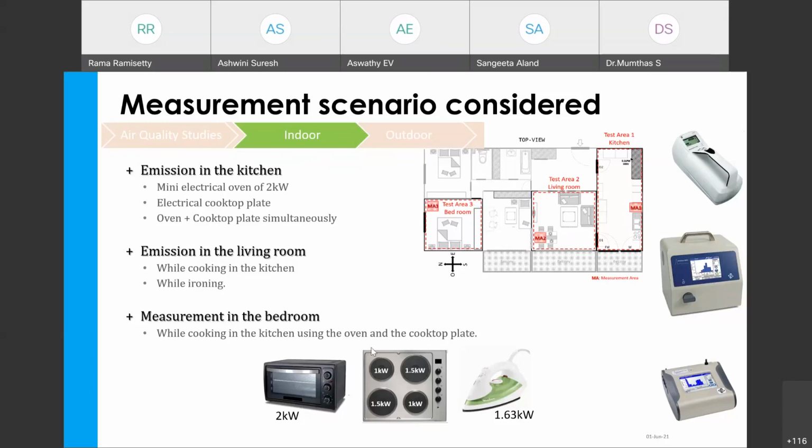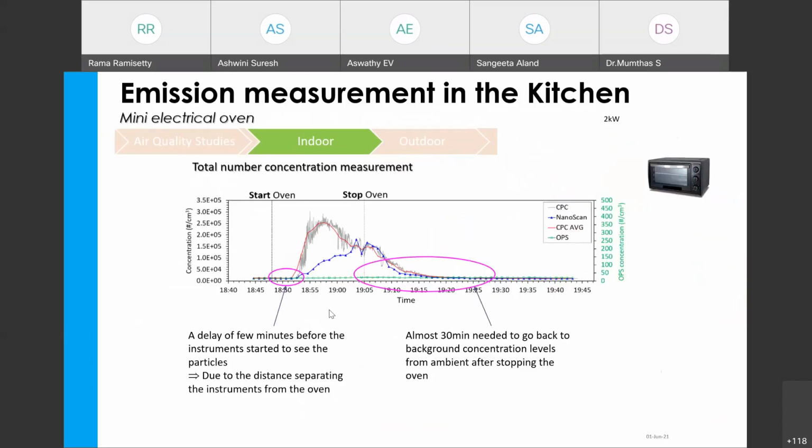And also when you have any heating system inside the house, how many particles are released. They measured very nicely. You can see one example here: before starting the oven and after starting the oven, how many particles are coming out. Almost 25,000 particles are coming. This is a huge number. They affect our health. You can also see how these particles are changing with respect to time.